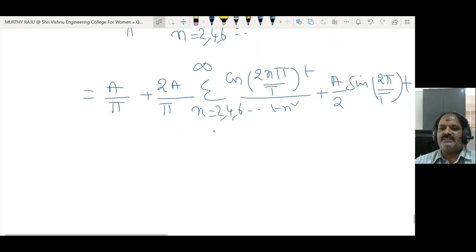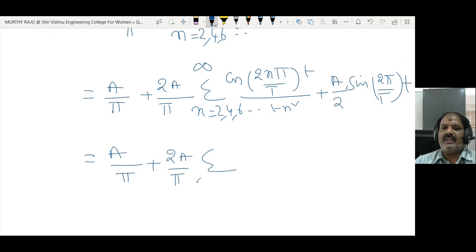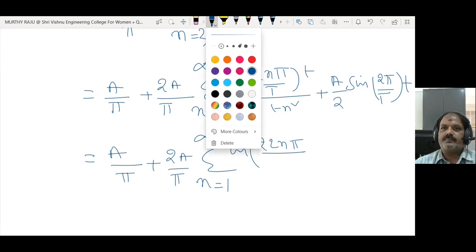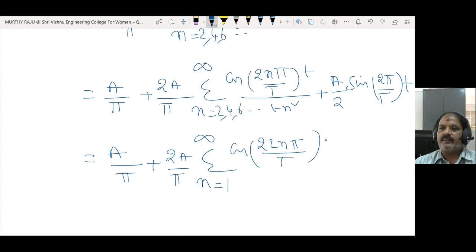For n is 2n, here n is replaced with 2n. Therefore, n value is from 1 to infinity. A by pi plus 2A by pi, if n is equal to 1 to infinity, the n value is replaced with 2n, so we get 1 minus 2n whole square.